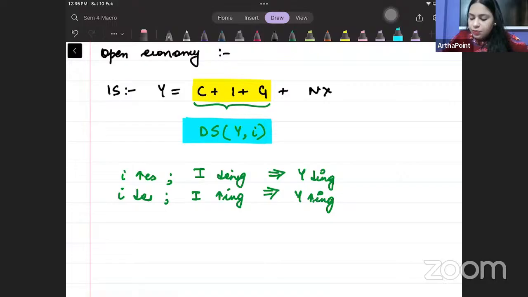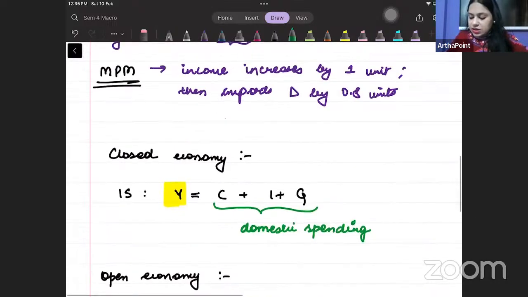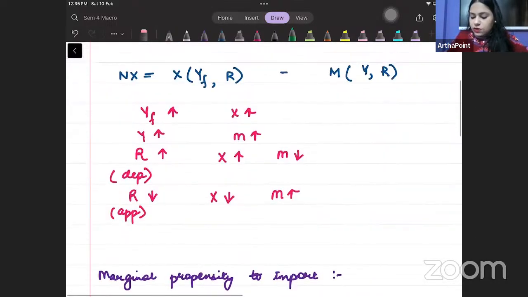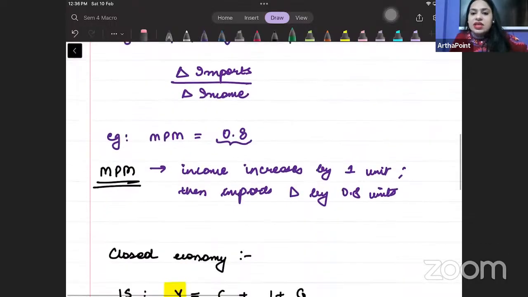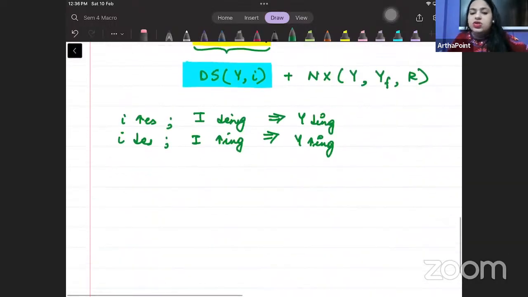Now we have a component of net exports, and net exports are a function of income, foreign income and exchange rate. We explained this above. Clear? So when we talk about the open economy IS curve, net exports are also a component of aggregate demand.